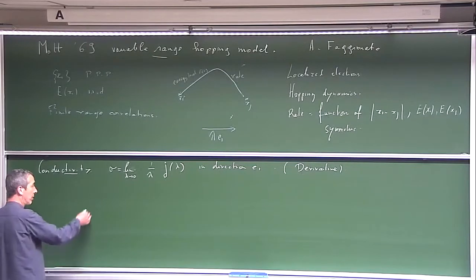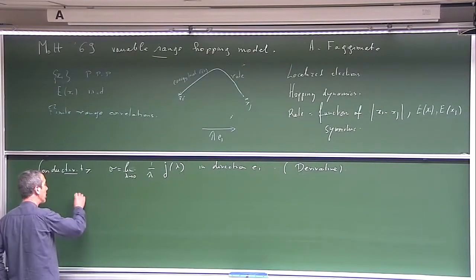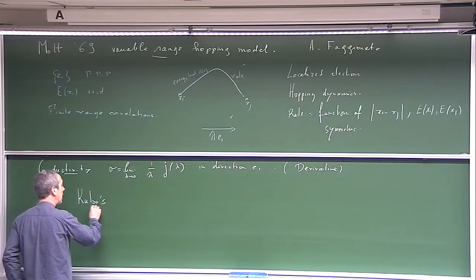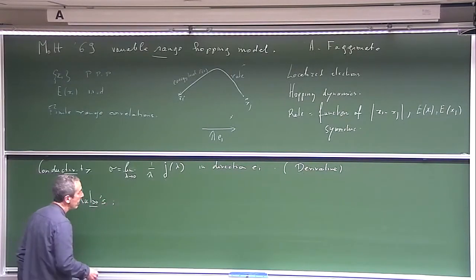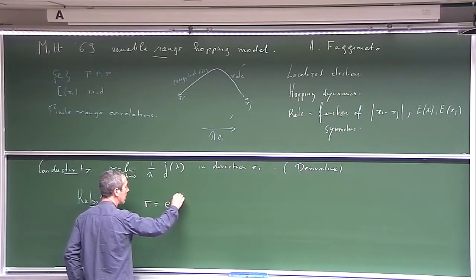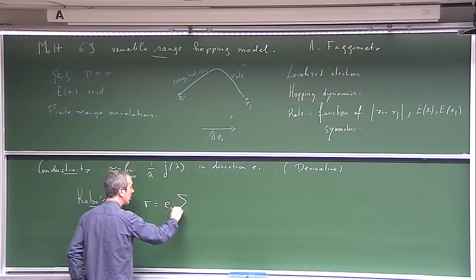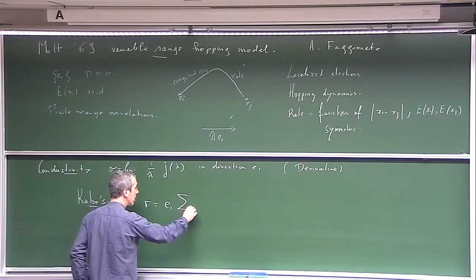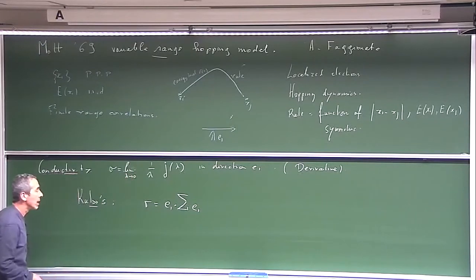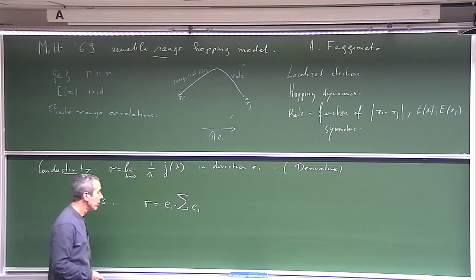But very fortunately, there is a magic formula, Kubo's formula, which tells you that you can express sigma as the diffusivity, big sigma, in direction E1.